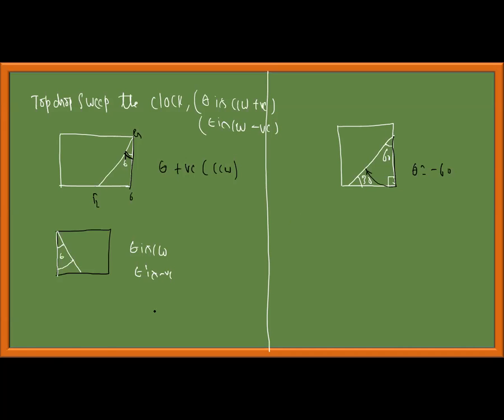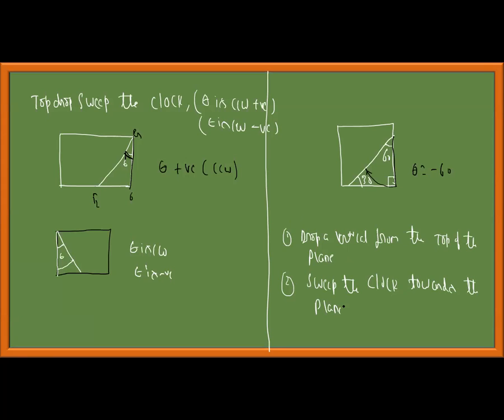First step is to drop a vertical from the top of the plane. Second, sweep the clock towards that vertical, towards the plane, that is the hypotenuse. This is the hypotenuse. Sweep the clock towards the plane.